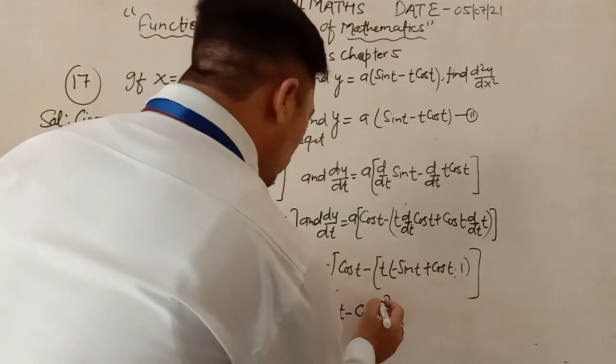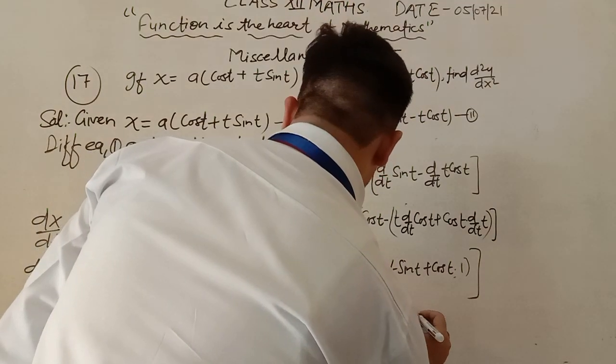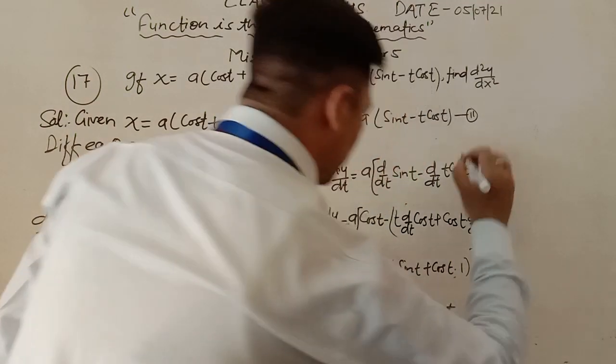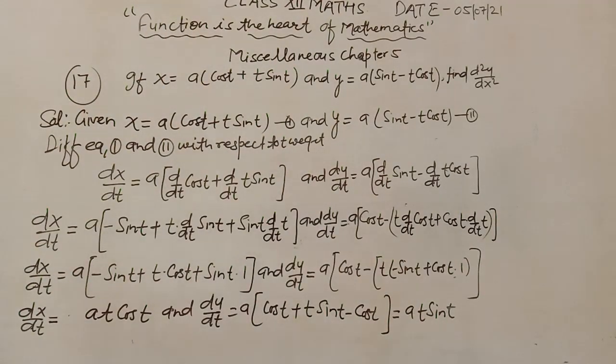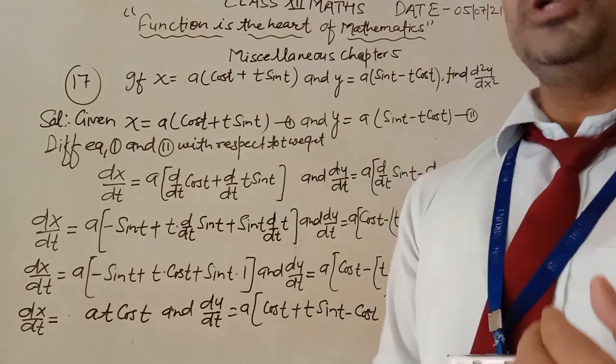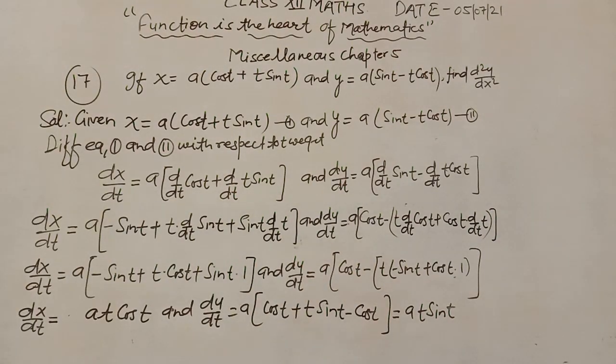The cos t cancels out, and this is equal to a t sin t. Now you need to find out the value of dy upon dx.